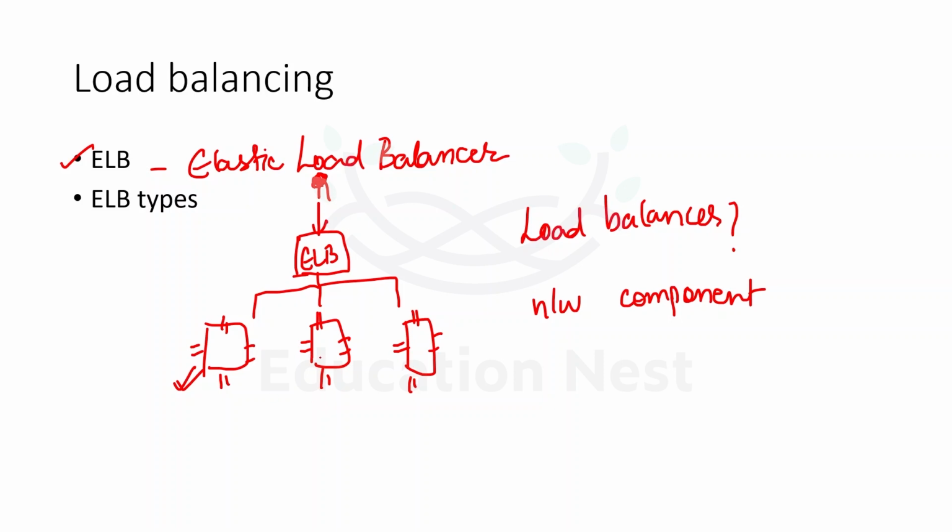It also provides us with features such as sticky sessions, if we want to redirect all the requests generated by one user to one of the instances. We will be discussing that later. So load balancers can be implemented at different layers of the OSI model.